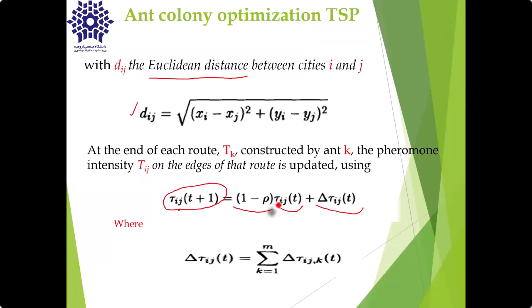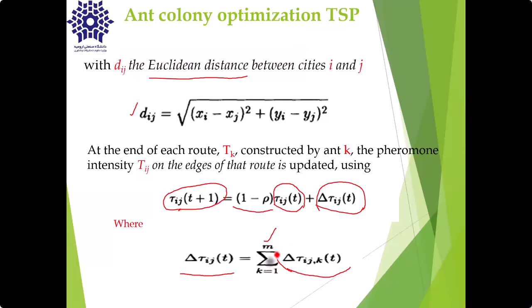This is clear because on each edge between city I and city J, we have an amount of pheromone spread. But depending on how many ants travel between city I and city J, the delta tau ij is different. So the delta tau ij at time t is the amount of pheromone spread between city I and city J by different k ants. We have k equal to 1 to m, where m is the number of ants. So we have many ants.